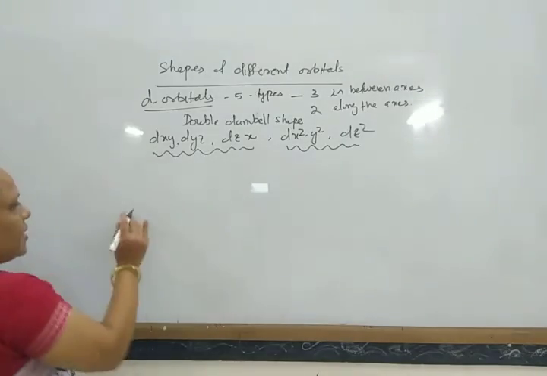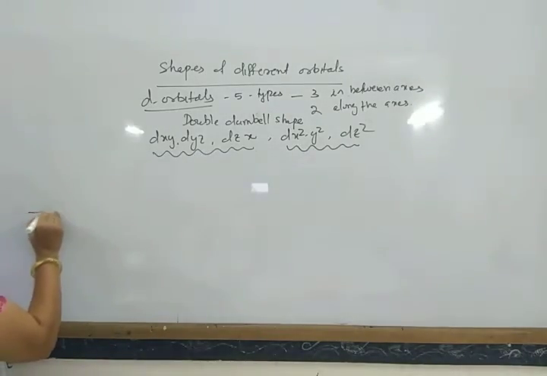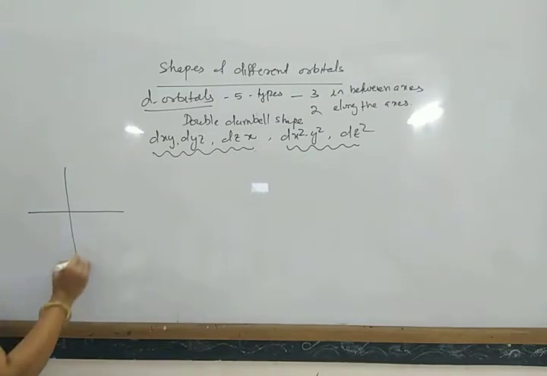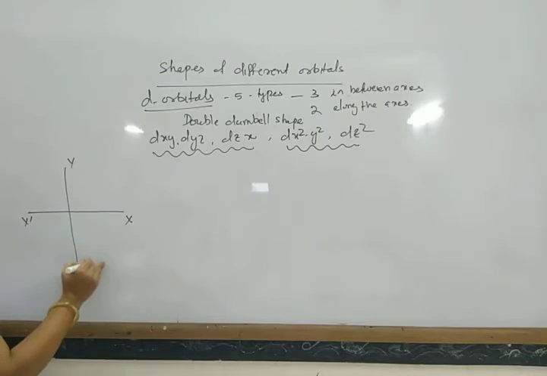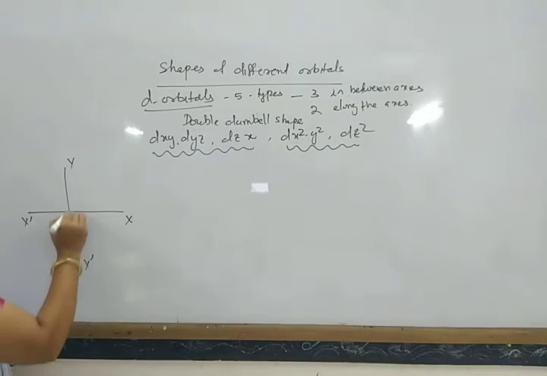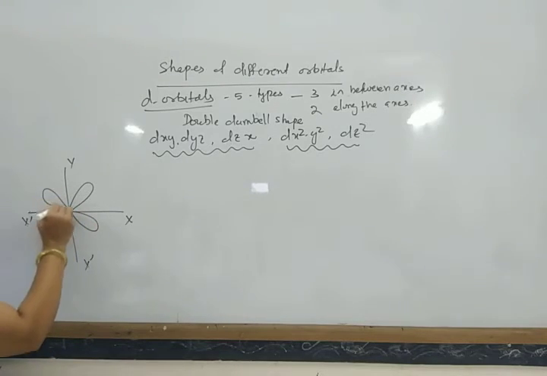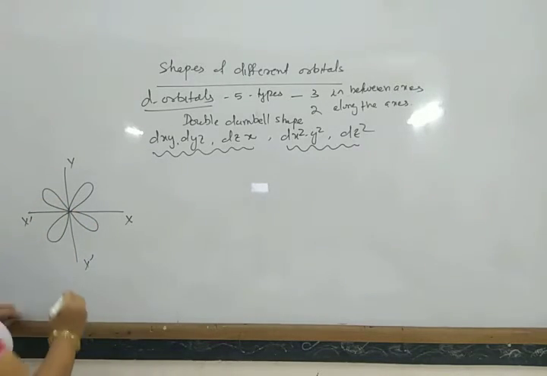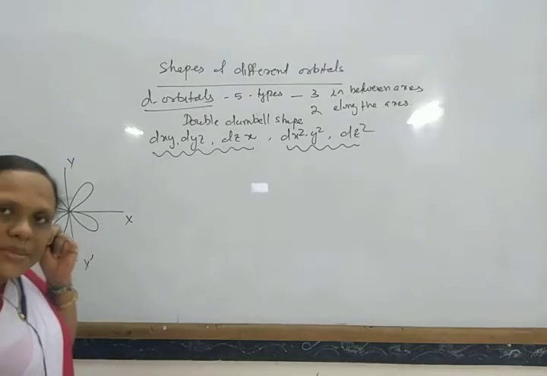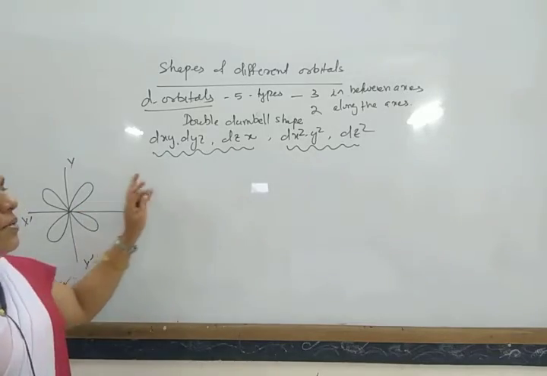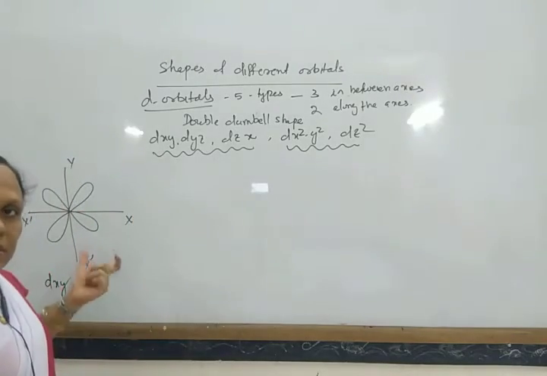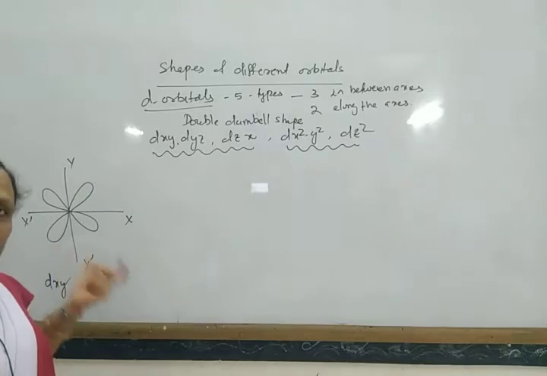Suppose this is the x-axis and y-axis, x, O, x dash, y, O, y dash. In between the x and y axes, the orbital that remains is known as dxy. As it is three-dimensional, we cannot represent it well on paper, so I am drawing a rough diagram.